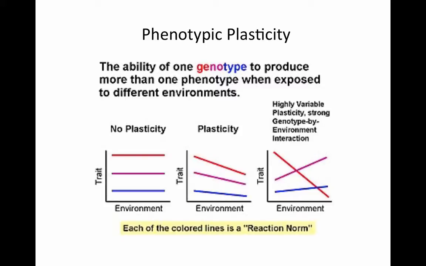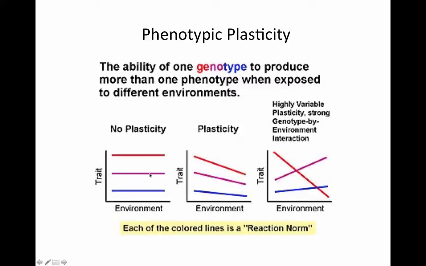In this first case, each of these lines represents a single genotype. The red one is one genotype, the pinky purpley one is another genotype, the blue line is another genotype. We can see in this case there's no effect of environment whatsoever. The plants get to be the same height for each genotype, no matter which part of this environmental gradient they're grown in.